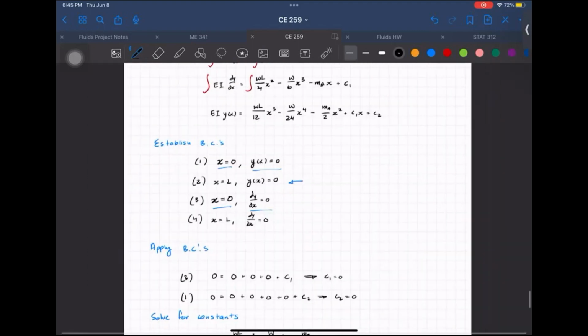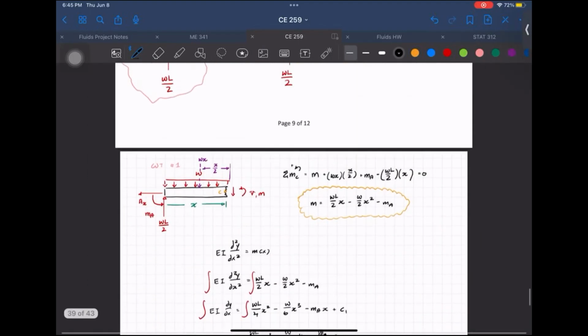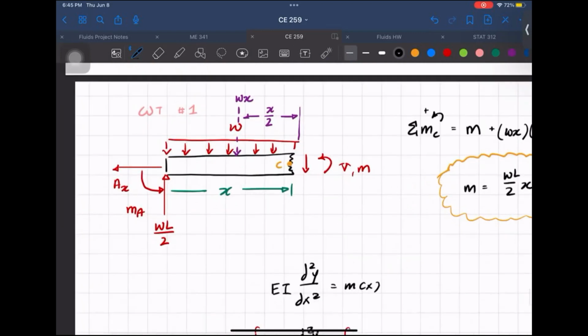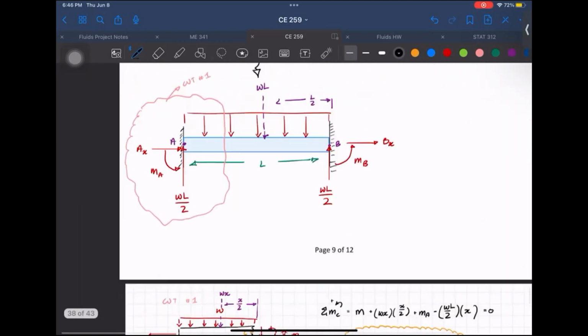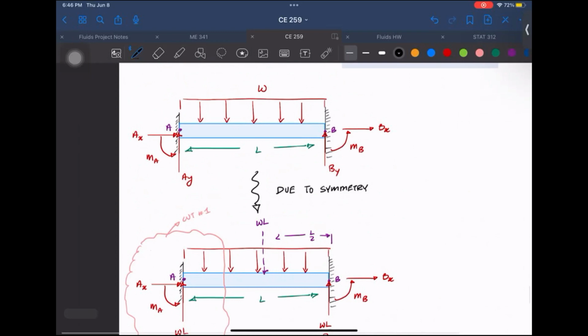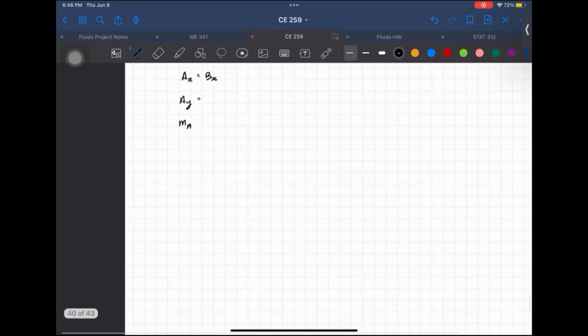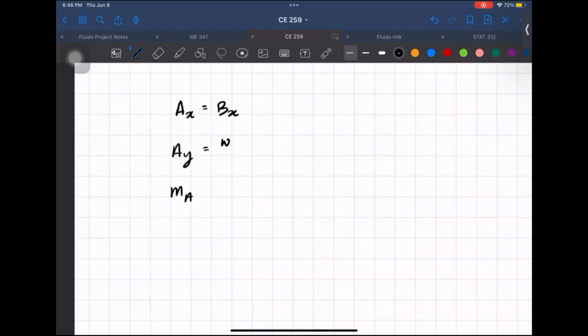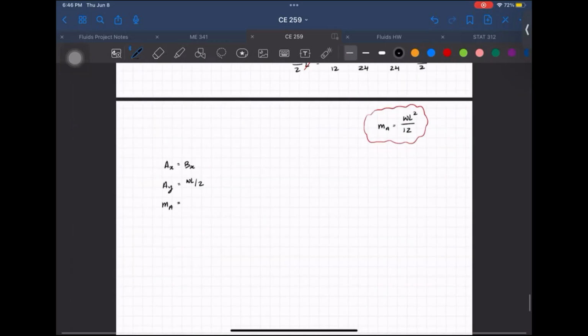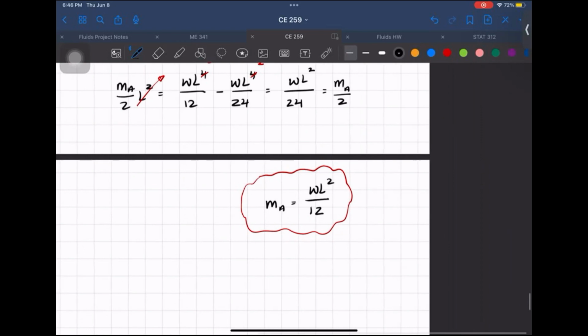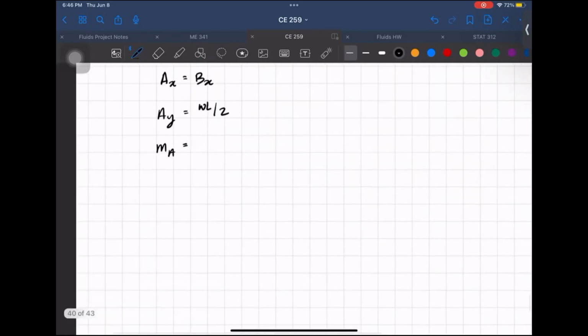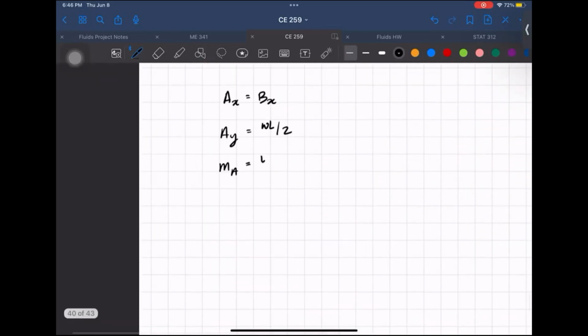AY, you found to be WL over 2, way back all the way over here, because of the symmetry of the problem. WL over 2. And MA, we just went through that whole process of solving for it, which was WL squared over 12. So yeah, those are your reactions at A.